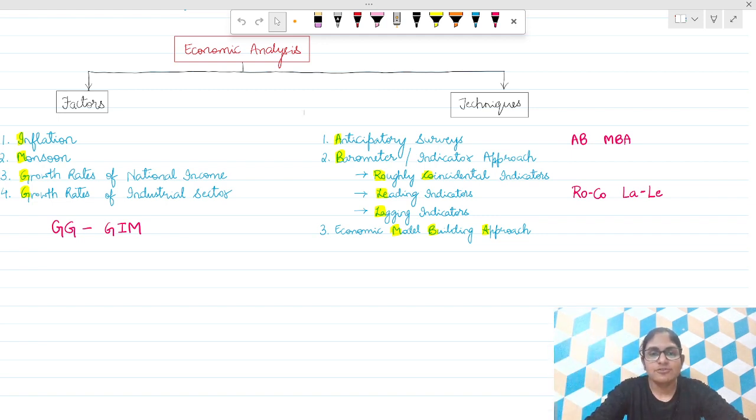So AB MBAs: anticipatory surveys, barometer or indicator approach, MBA is economic model building approach. Under barometers there are 3 subpoints, that is ROCO Lale. ROCO is roughly coincidental indicators, LA is lagging indicators, LE is leading indicators.